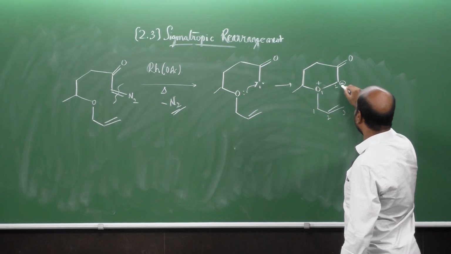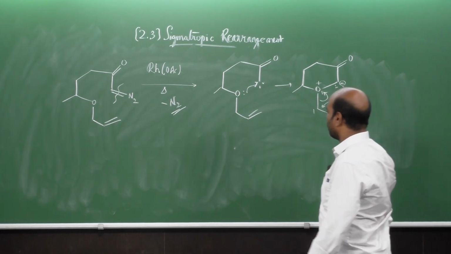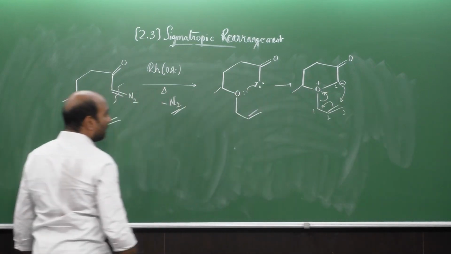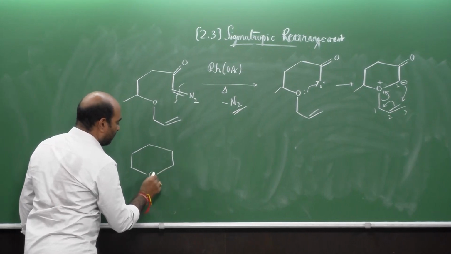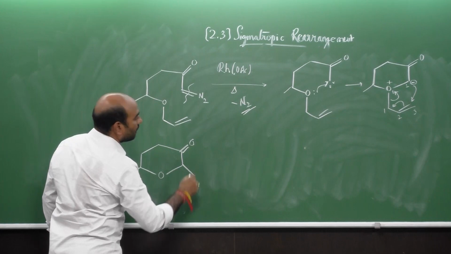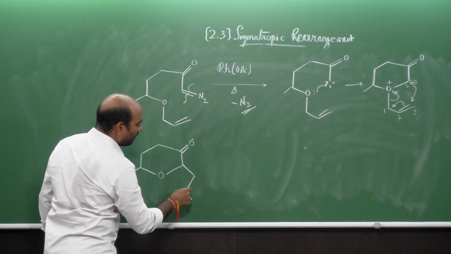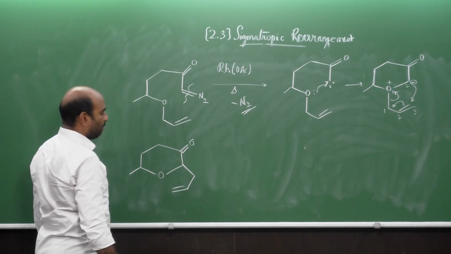So what is happening here? It undergoes the sigmatropic rearrangement, as a result of which oxygen is there, double bond O, and a new bond is formed between this. The existing bond is broken between these two and this is the new bond.